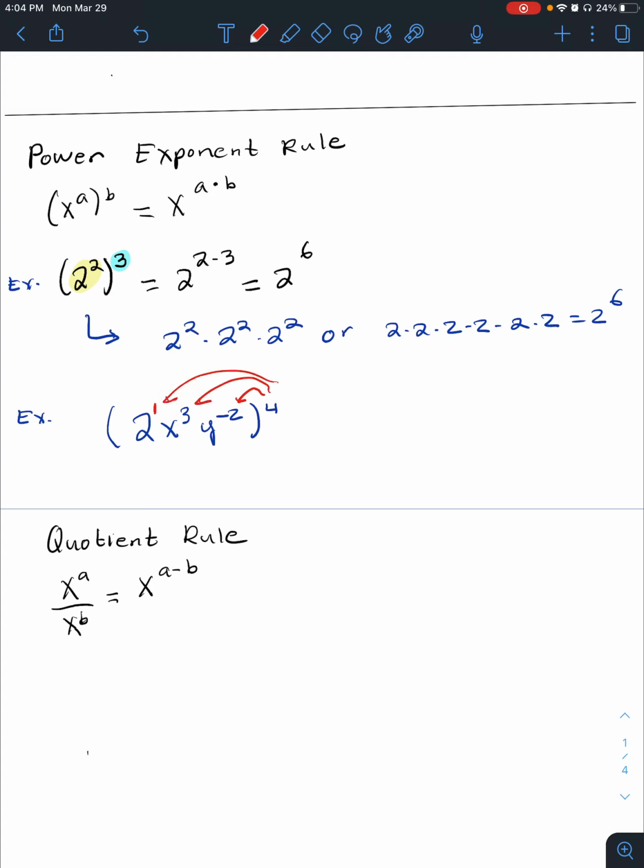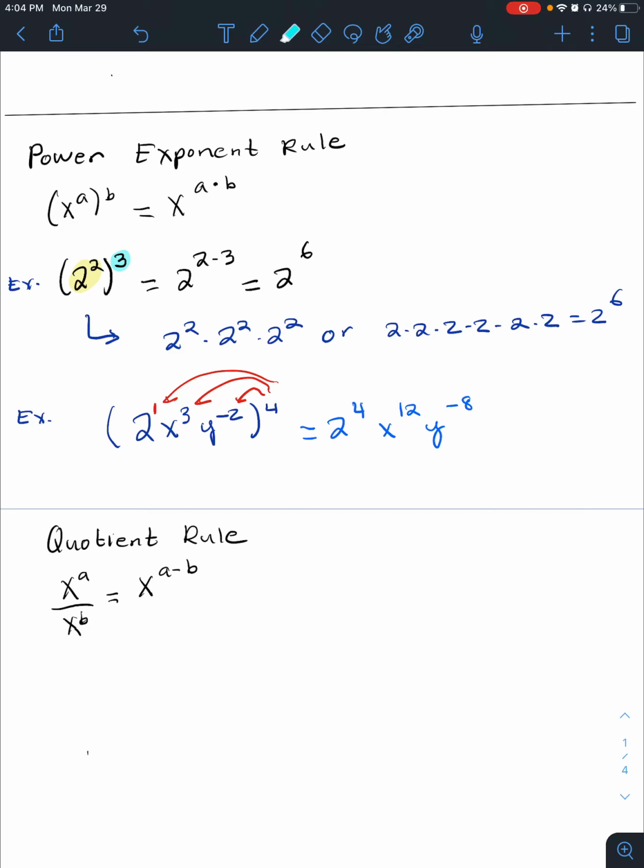The thing about the coefficient in front is I'm never going to write 2 to the power of 1. That's something that you're going to have to remember is going on. So here we have 2 to the power of 4, x to the power of 12, and y to the power of negative 8.